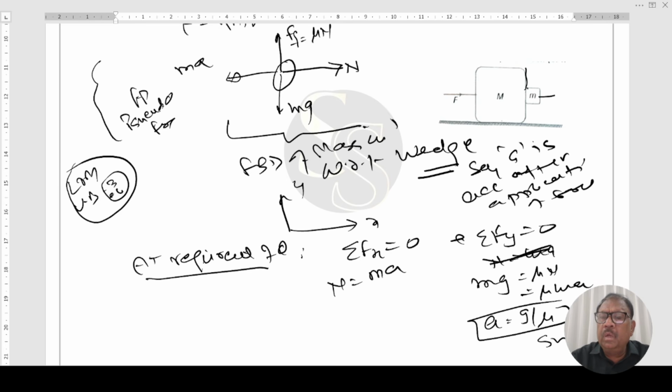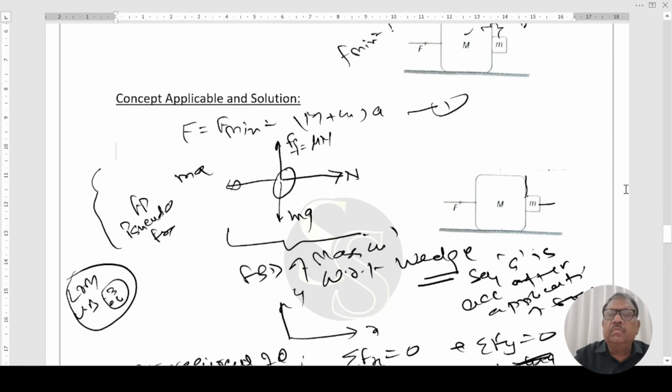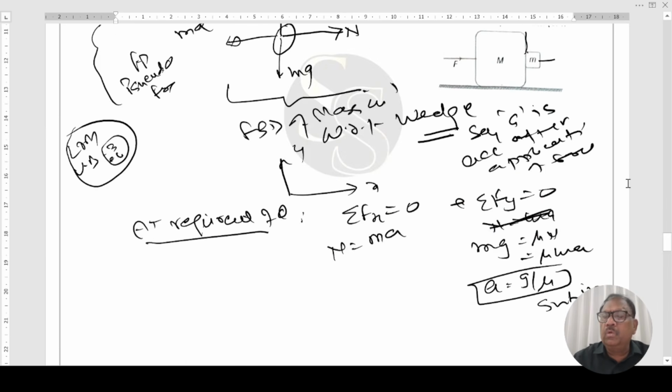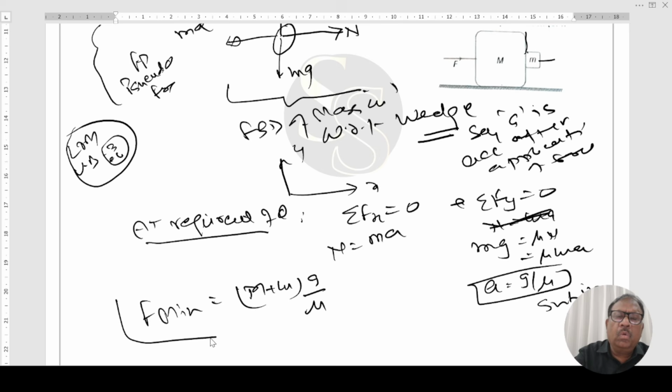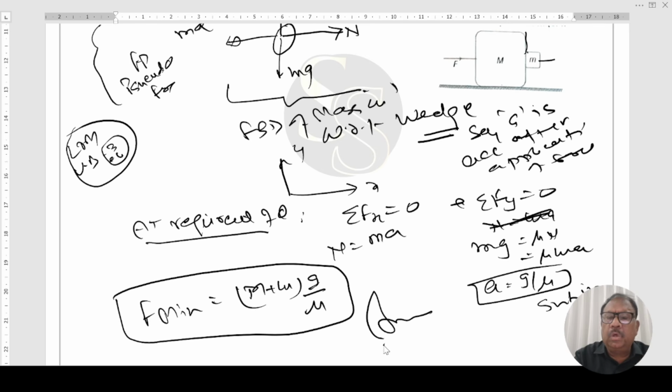Substituting in equation 1, F minimum will equal (M plus m) into g by mu. This is the answer. Right?